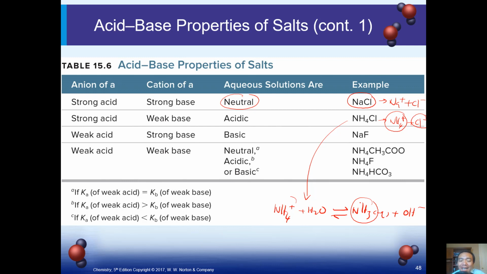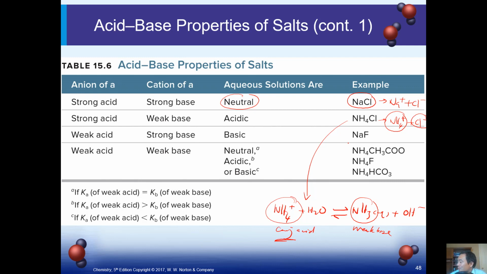So the conjugate acid, which is the ammonium ion, will actually show acidity. This is a weak base. The conjugate acid will show acidity because the weaker the base, the stronger the conjugate acid. That's how a conjugate acid-base pair works, and we talked about that already.